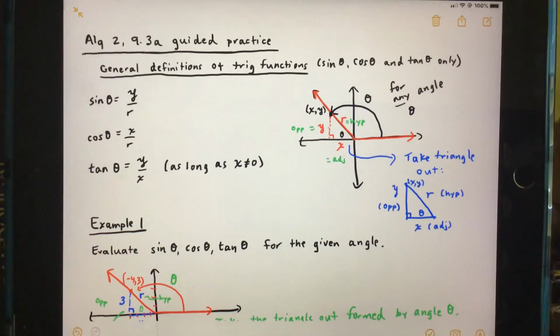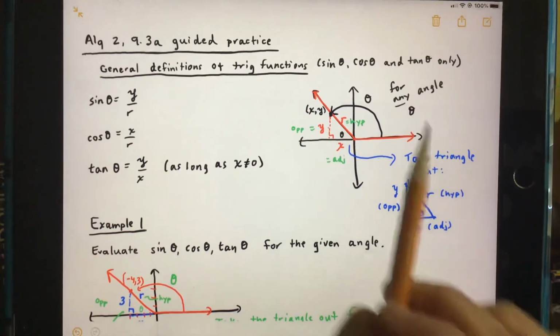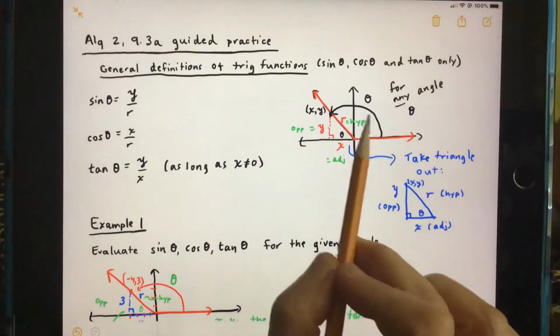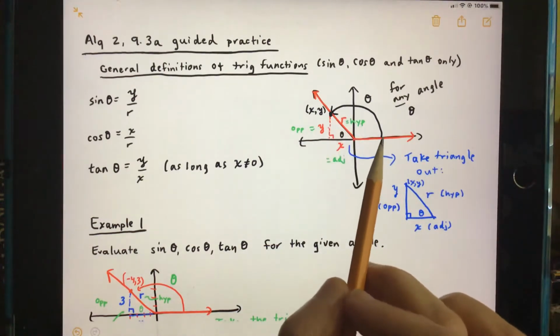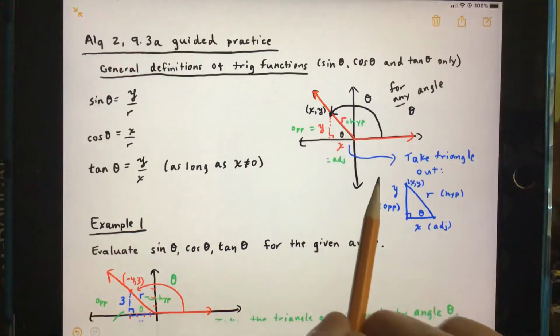But we're now going to expand these definitions so that we can look at angles on a coordinate plane and find the trig functions for particular angles that show up on those coordinate planes. So I have labeled a coordinate plane with an angle, so for any angle theta, and that angle can be in any of the quadrants, first, second, third, or fourth quadrant.